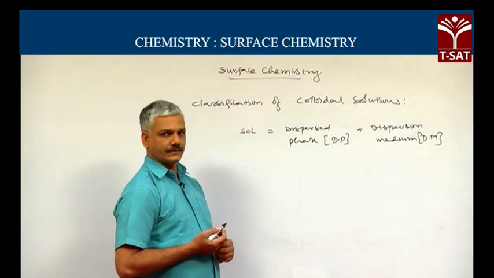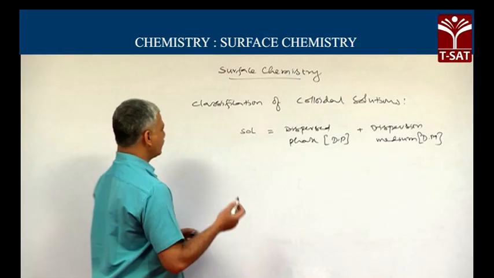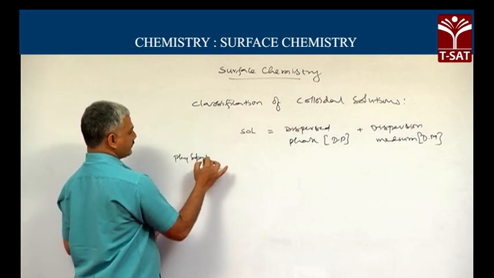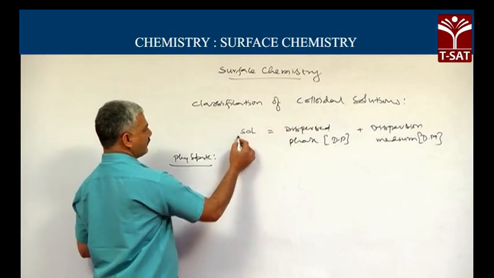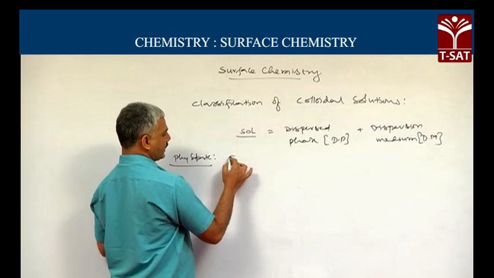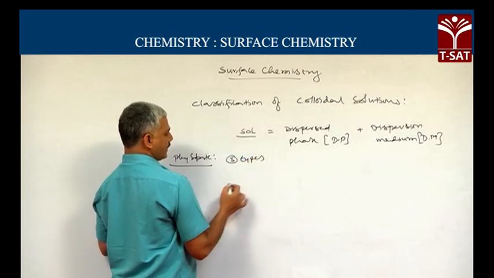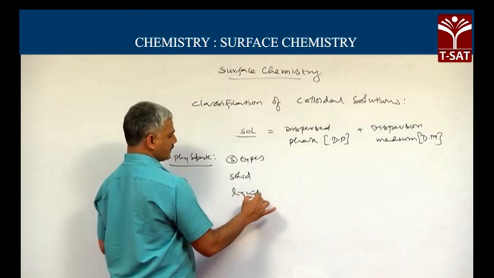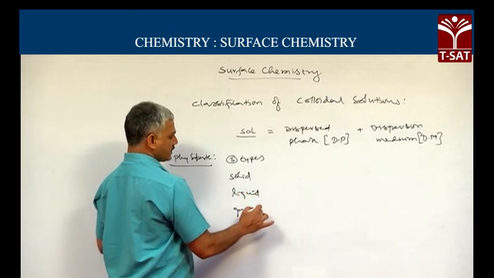That is one way of classification. So, based on the physical state of the colloidal solution, colloidal solutions are classified into three types: solid colloidal solutions, liquid colloidal solutions and gaseous colloidal solutions.